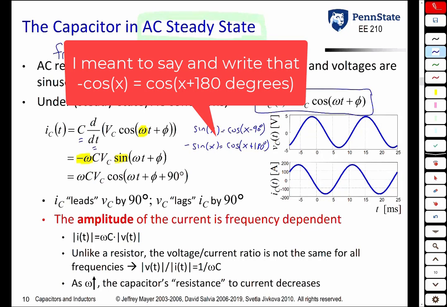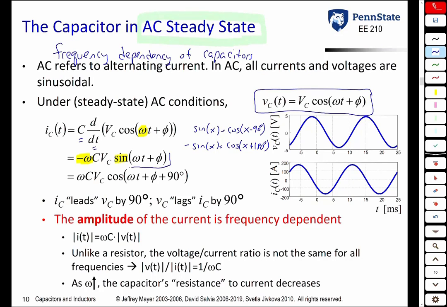So if you combine these together, if you look at this expression here, you have a sine, which is going to add a negative 90 degrees to the angle, but we also have this minus sign, and this minus sign is going to add 180 degrees. So putting those together, we see that IC of t is omega C VC times cosine of omega t plus phi plus 90 degrees.